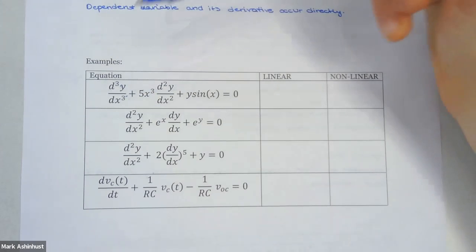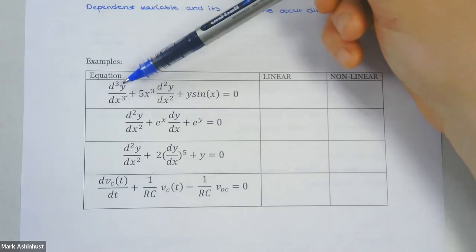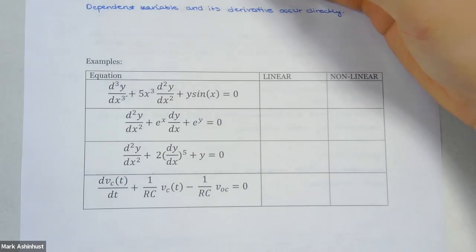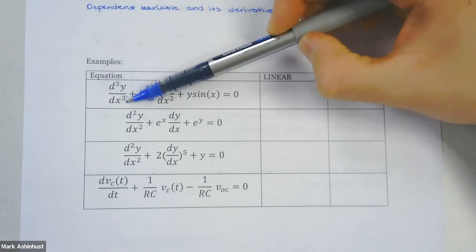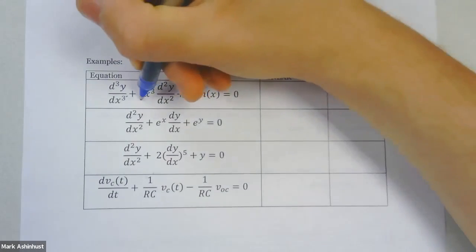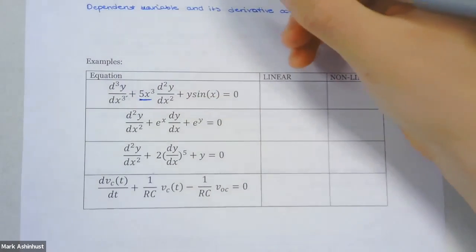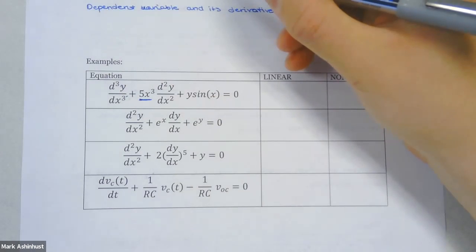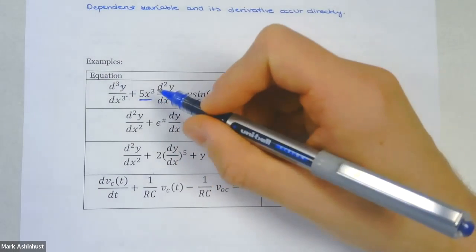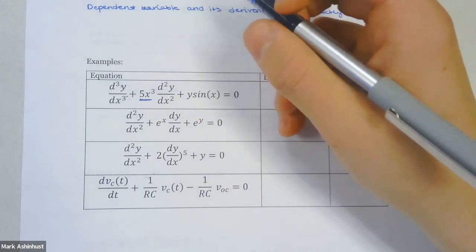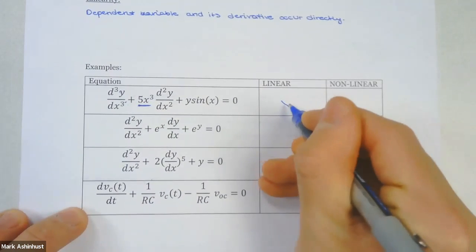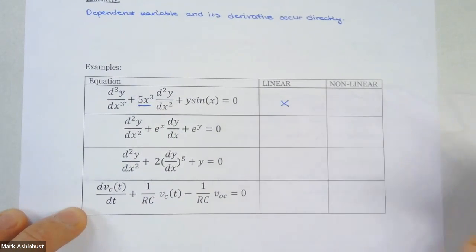So our dependent variable in this case is, going back to what we did, y, right? So x in this case is the independent, y is the dependent. So the only part we really got to look at is this 5x cubed. And now that is not linear, but in this case it doesn't matter because x is our independent variable. So in this case, this would be linear.